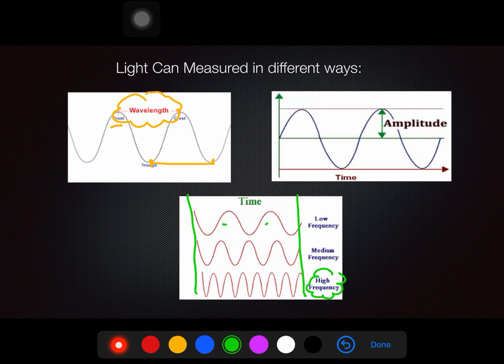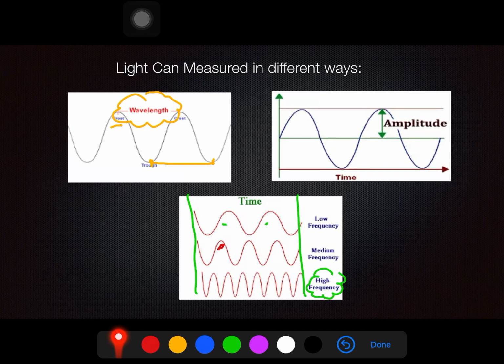This first wave has a low frequency. It's only crested once and twice. This second wave of a medium frequency crests once, twice, 3 times, so it's a little higher frequency, more often. And in this last wave with the high frequency, look at 1, 2, 3, 4, 5, 6. It crests many more times, so we say it is a high frequency wave.